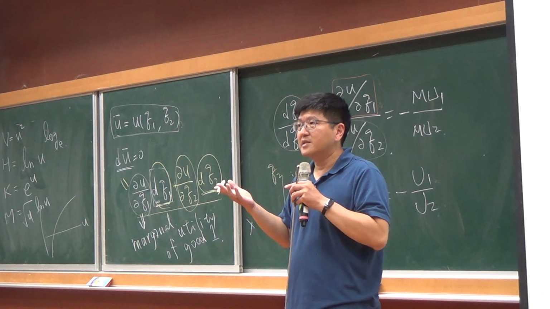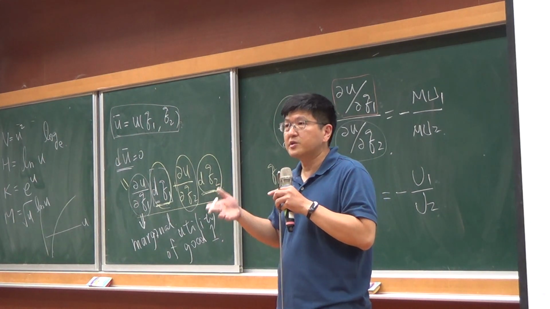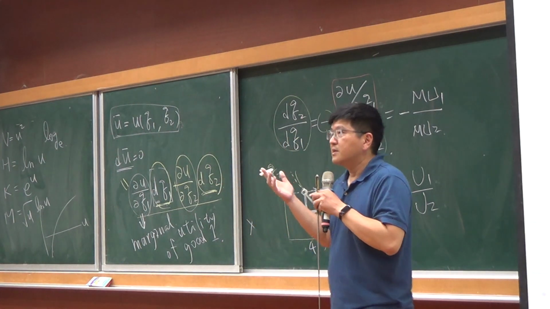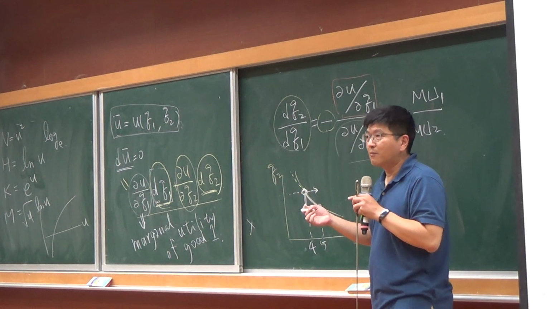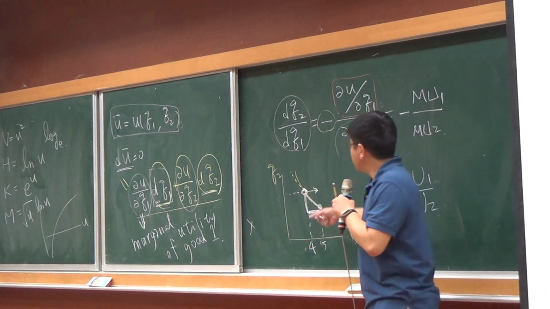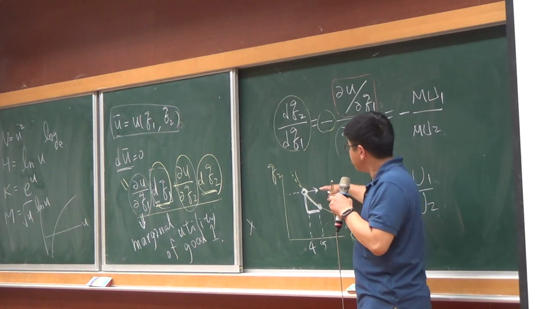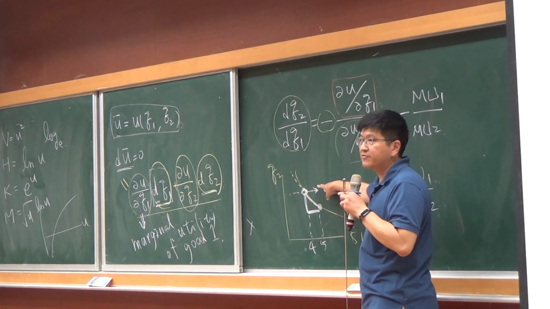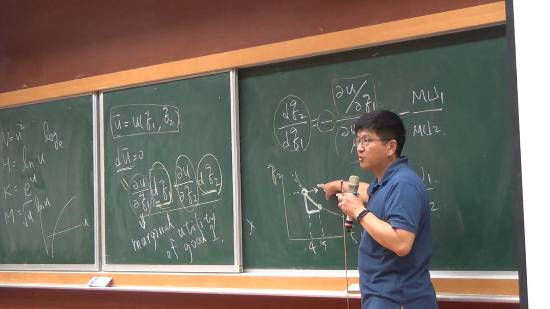My utility must go up. Why? More is better, right? The same level of burrito, but one more slice of pizza. So I would be happier.